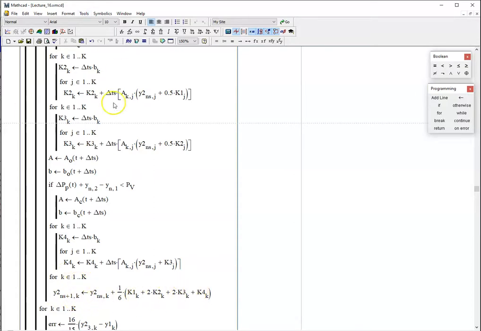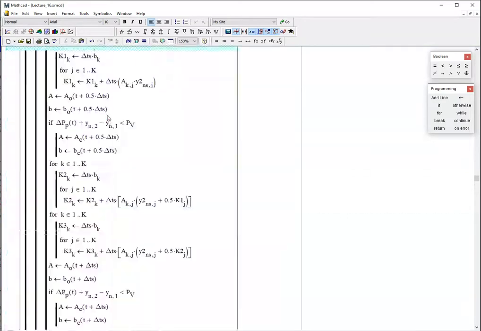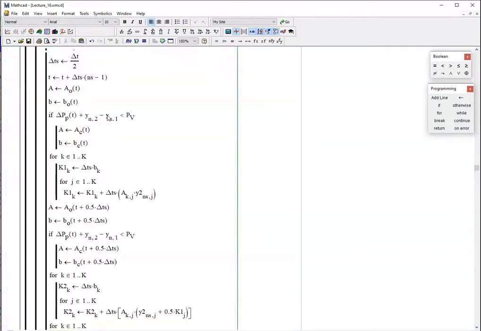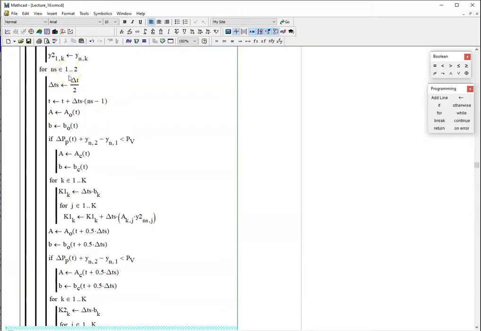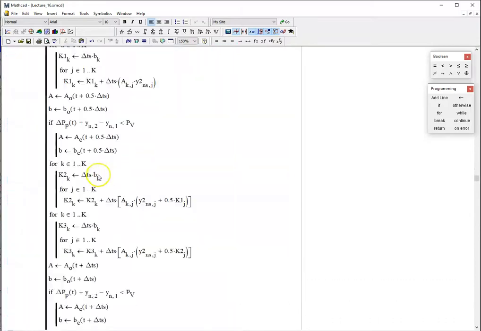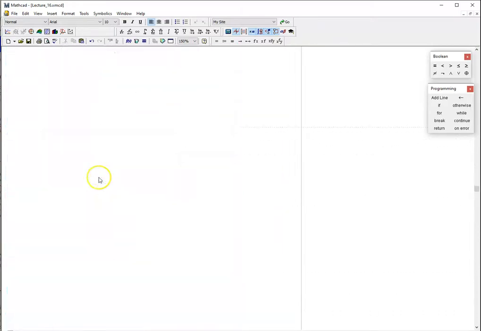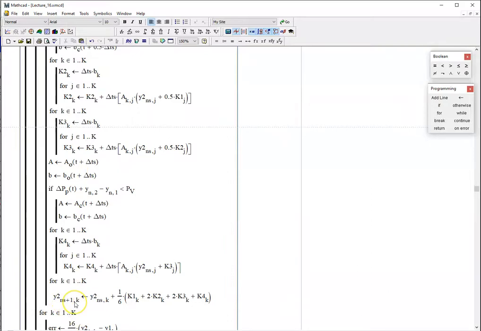And then it's going to do it again, because remember, this is inside of an inner loop that goes from 1 to 2. So I'm going to take 2 half time steps. So at the end of this inner loop, Y2 is going to contain the solution after one time step by having taken 2 half time steps.